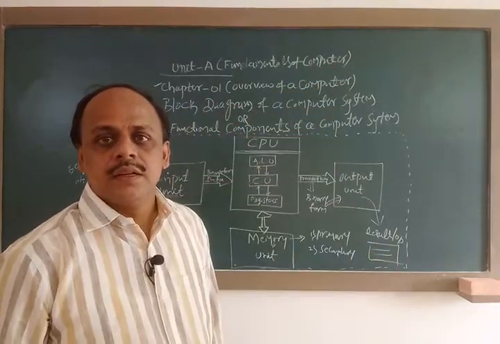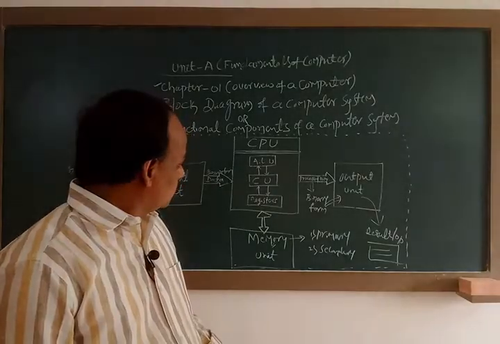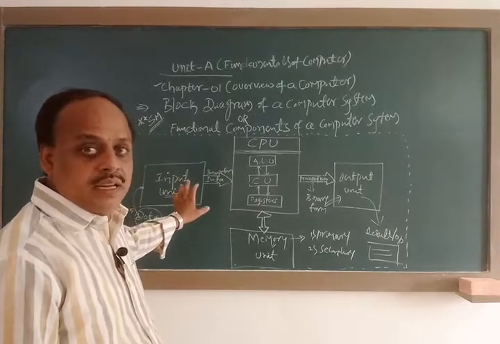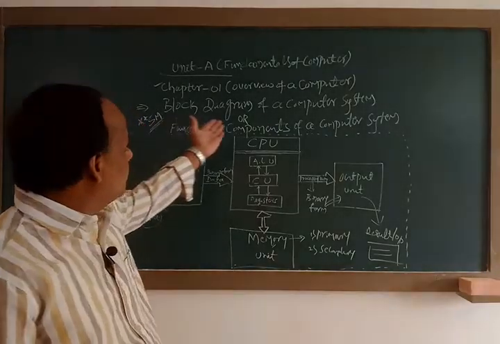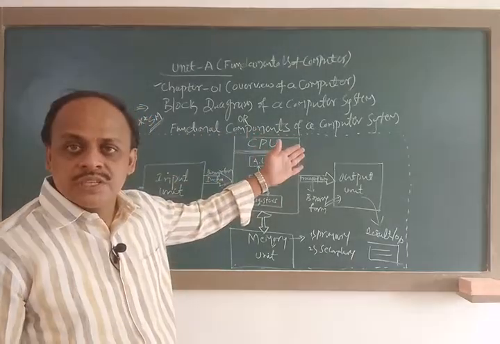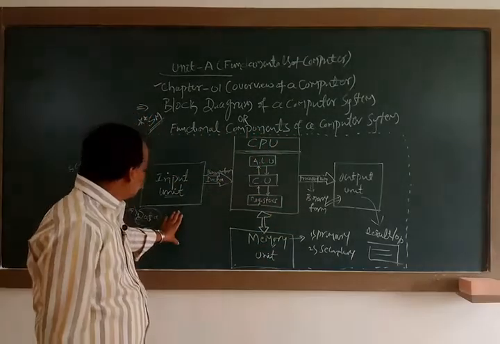Okay, that thing I am going to explain in the next class. So here, for 5 marks, suppose the question is asked like this: explain a block diagram of a computer system, or explain the functional components of a computer system. It means you have to draw a neat diagram like this.